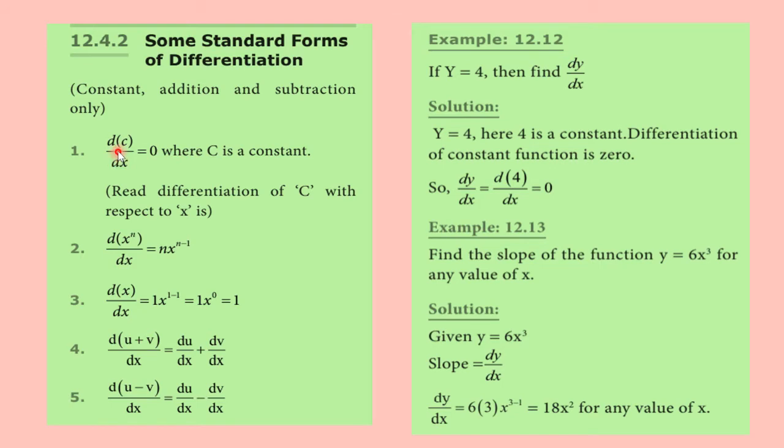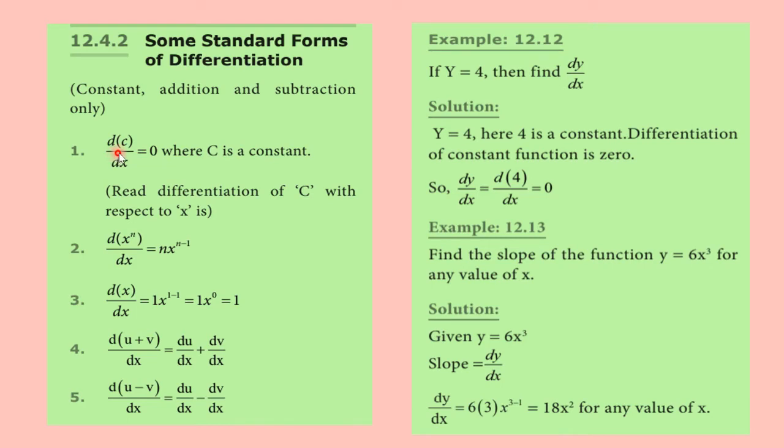First one, how do we read this? Differentiation of c with respect to x. So c stands for constant. D means differentiation.